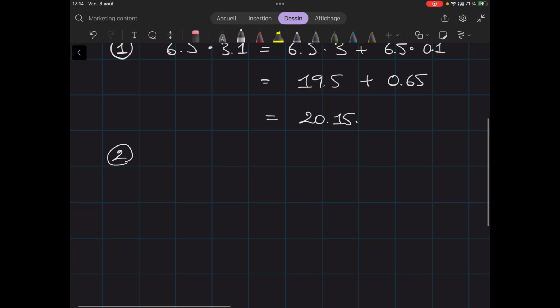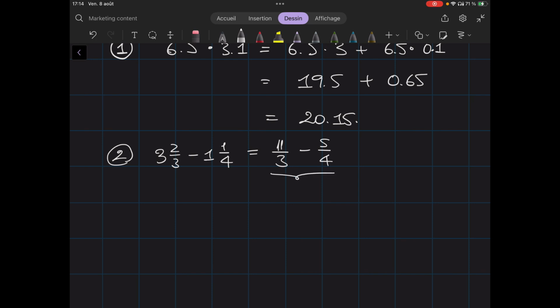Question 2. Evaluate this, keeping your answer as a mixed fraction. Okay, so 3 and 2/3, that is 11 by 3. 1 and a quarter, that is 5 by 4.